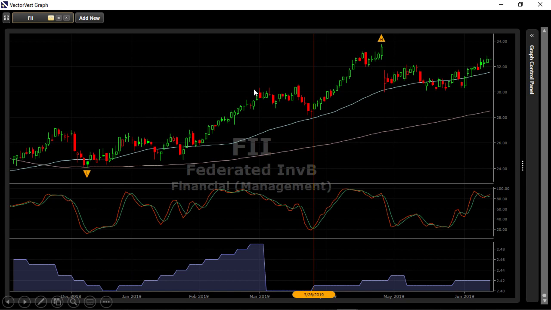Here's another one, FII. Stock is uptrending. We're starting to see nice separation between the two moving averages here. No way would I have bought the stock back here. Right? Even though the 50 is above the 150, even though stochastics goes above, we're not seeing separation between the two moving averages.